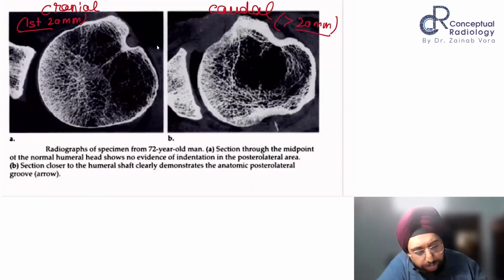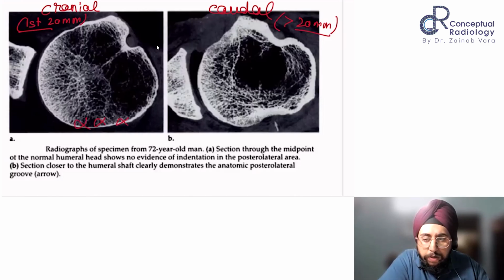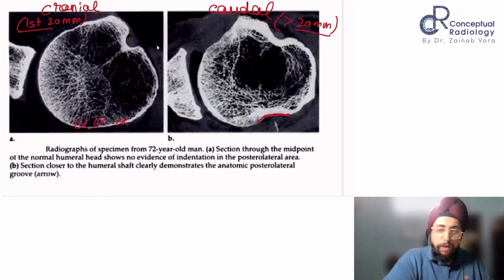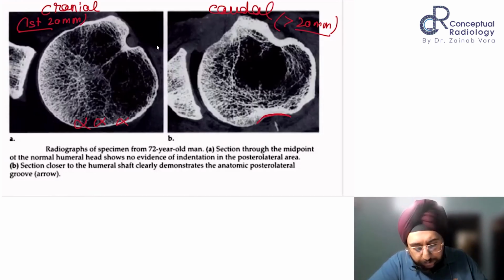In the first 20 mm, we are not seeing any defect on the posterolateral aspect. But once you move downwards on the caudal sections, you see a smooth concavity present, not very lateral, with an average arc midpoint of 180 degrees. Since this is below 20 mm, this is not a Hill-Sachs defect. This is a normal anatomical groove.